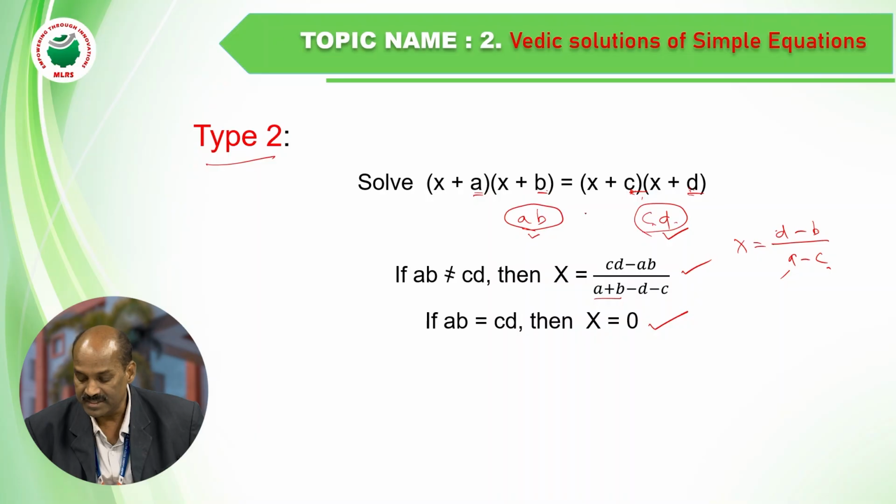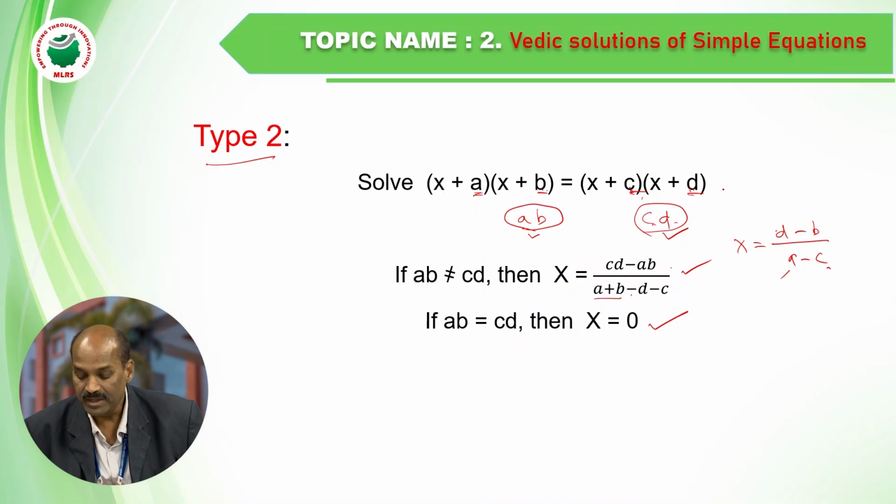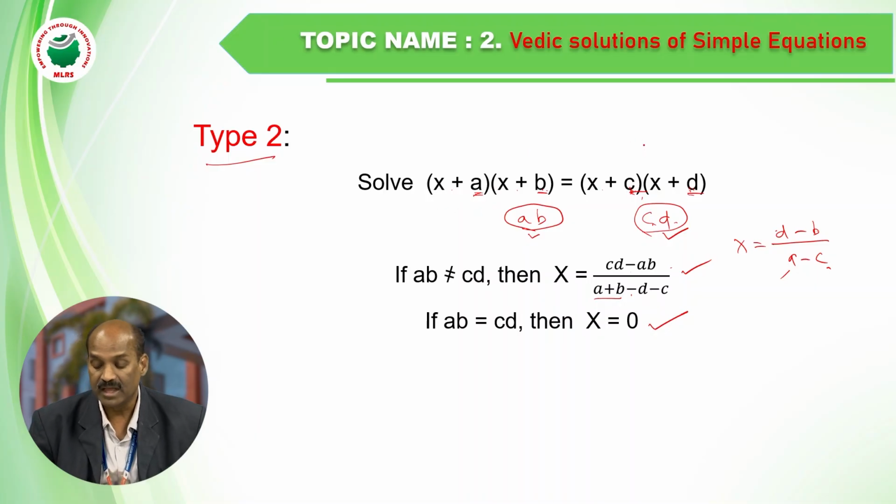Therefore CD minus AB, divided by the left side A plus B, minus C minus D. So like that you remember the formula. In the traditional way, how do we do it? We multiply this by this, so we get x square, second degree, and here also x square, and we take more time to solve the equation. So that's why this Vedic Maths is the best way comparatively with the traditional ways.